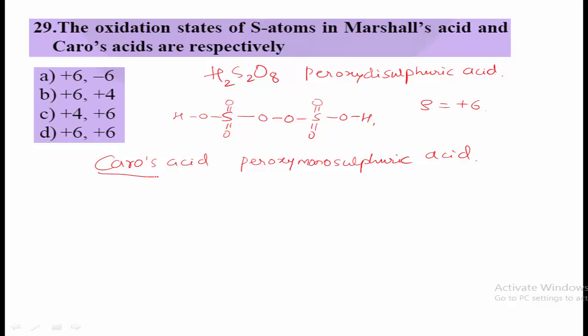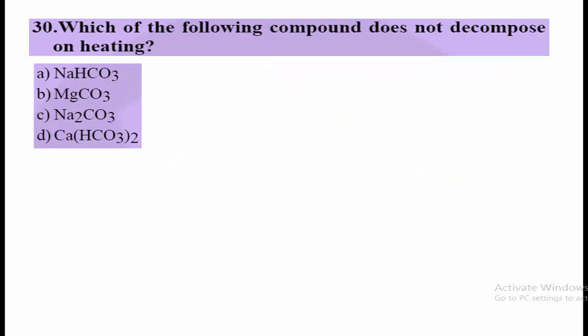Caro is also the name of the scientist, whose structure is given by S double bond O double bond O OH, and here OH. As you can observe here, the oxidation state of S, here also it is plus 6, and hence both are having the plus 6 oxidation state. Therefore, the option D is the right answer.